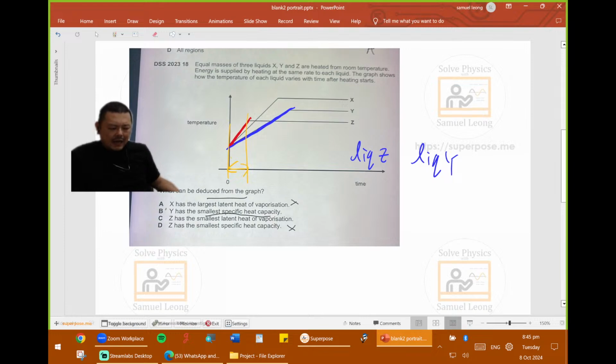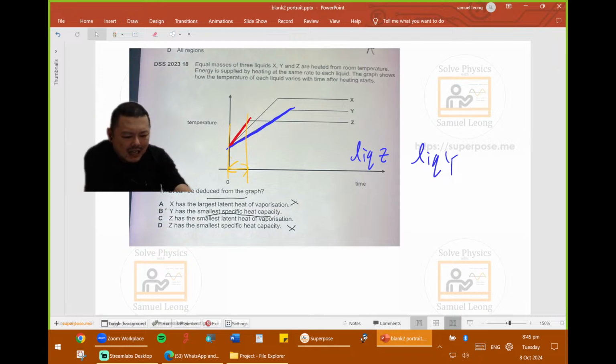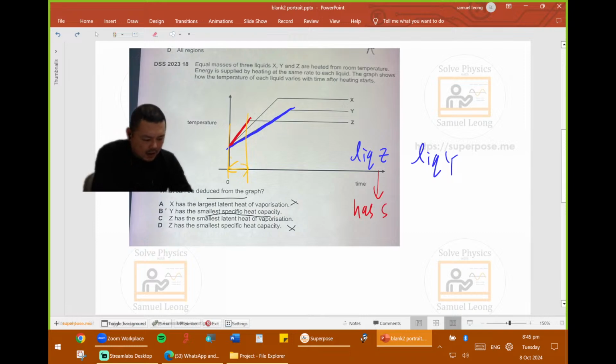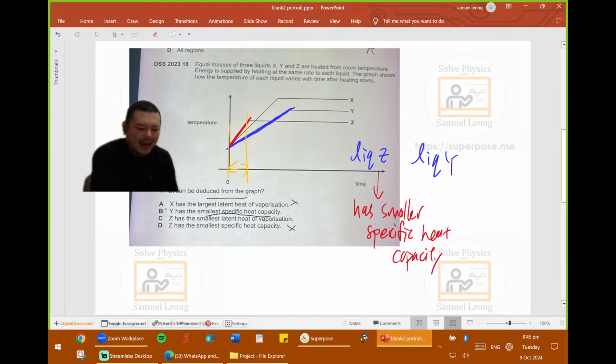Then can we conclude that liquid Z has a smaller specific heat capacity? Can we confirm that? Why? Yeah, exactly. Smaller specific heat capacity means that you supply less heat, and the temperature jumps more.